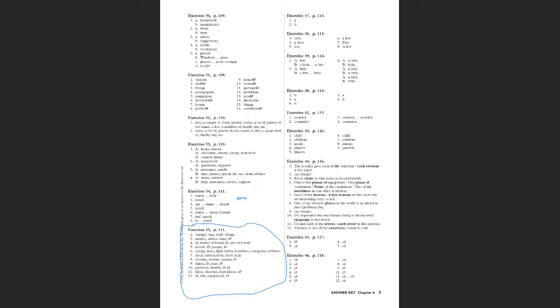Yes, Mari, question? So can I write scenery in plural, like sceneries? No, we can't say sceneries. It's a non-count noun. Okay, good question. So I saw both scenery. No, that's not possible.